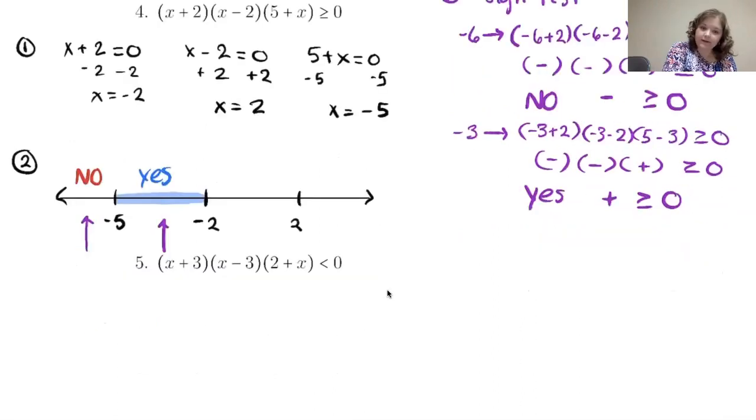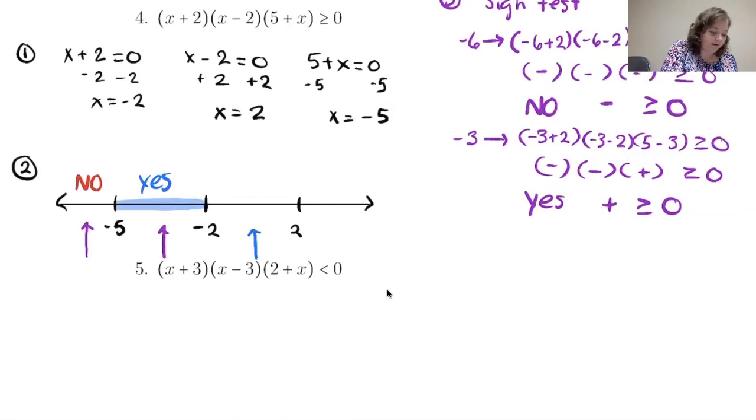Okay, so the next interval between -2 and 2, there's a 0 in that interval. If you can ever choose 0, that's probably the easiest thing to plug in ever. So 0 is your friend. Let me change the color of that. Try to stay consistent in the coloring.